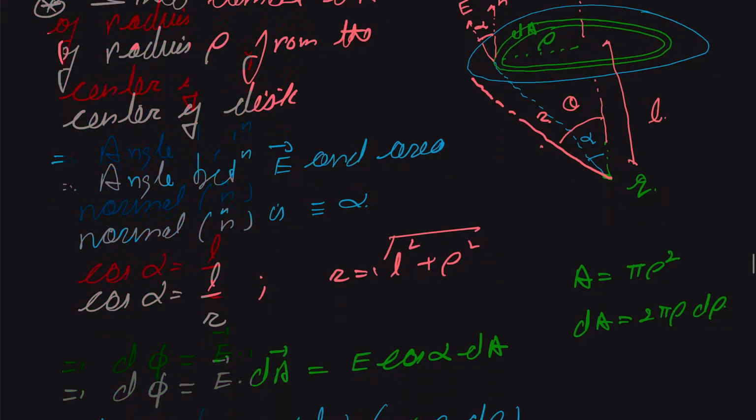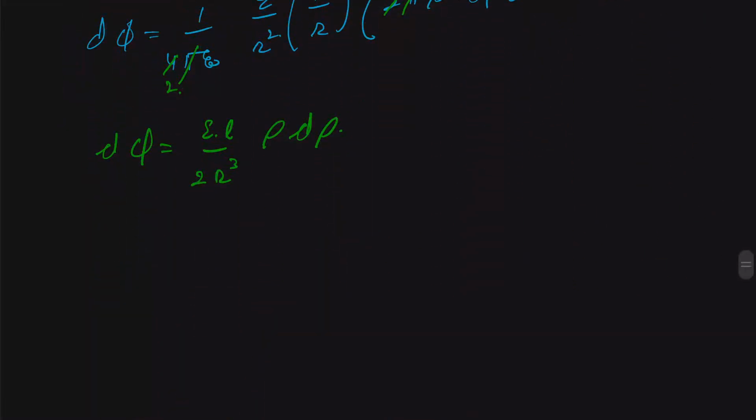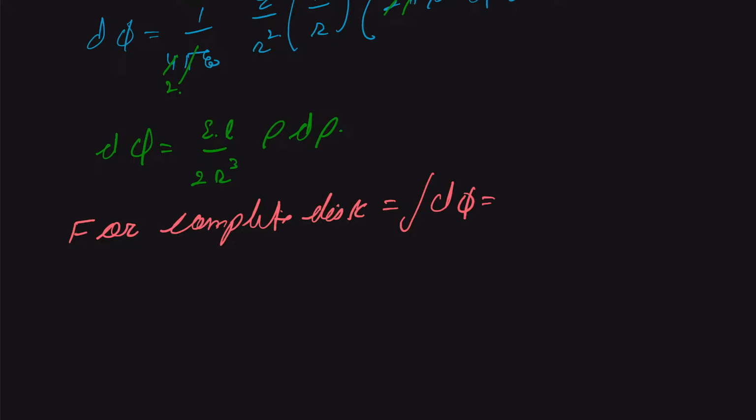Now for the complete disk, this will be nothing but the integration of our d phi, and same we are going to write for the right side also, q upon L, and this is about 2 epsilon naught integration.